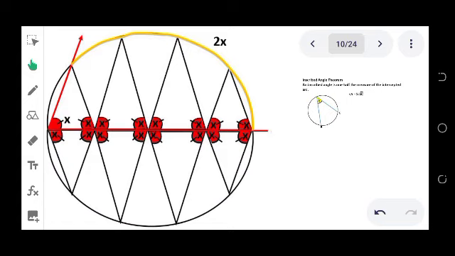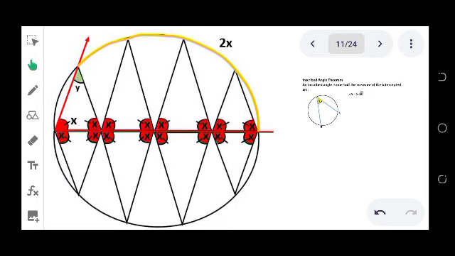Now, let's try to find the remaining angle of each triangle. So that's x here. Obviously, we cannot assume that these triangles are equilateral, so we cannot say that this is x. So let's just name this with another variable, which is y. And since the angles of the triangles are equal, then the remaining angles will be equal.